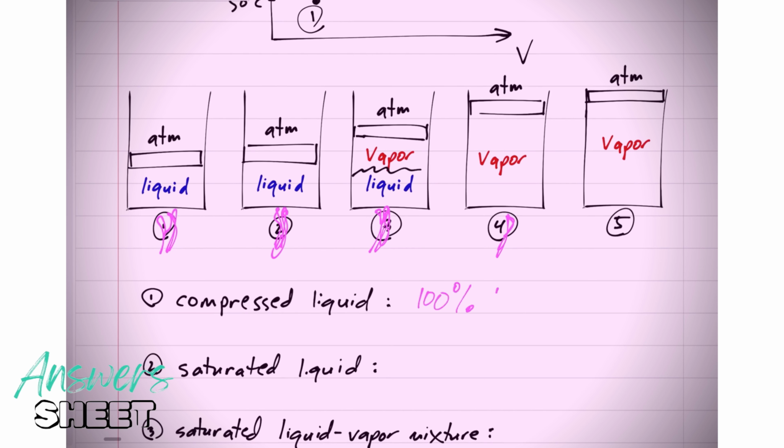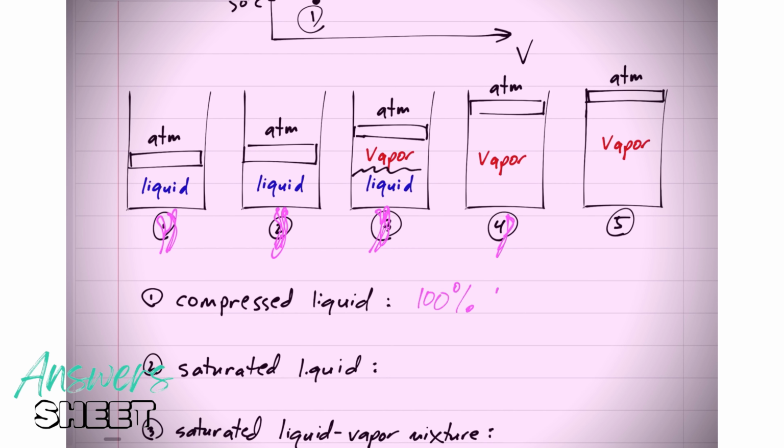Most all liquid water, when we think of water, it's a compressed liquid. But then it gets to point 2, which is the point at which it just begins to vaporize. And so we're calling it a saturated liquid. That is saturated liquid. It is still 100% liquid.